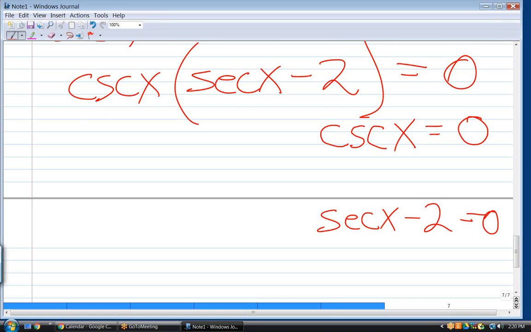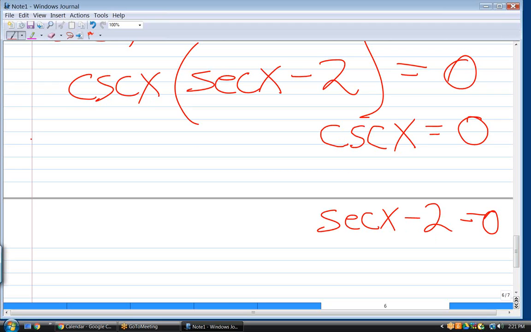Both of these can be equal to 0. They don't both have to be equal to 0, but one of them has to be. There's no way you multiply two things together and get 0 unless one of them is equal to 0. So the way we solve this is by setting both of them equal to 0.